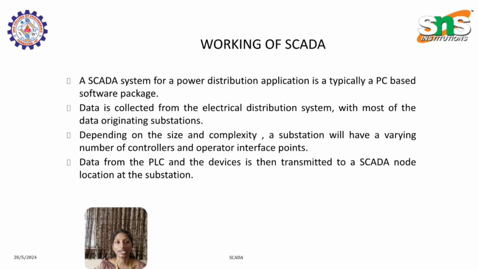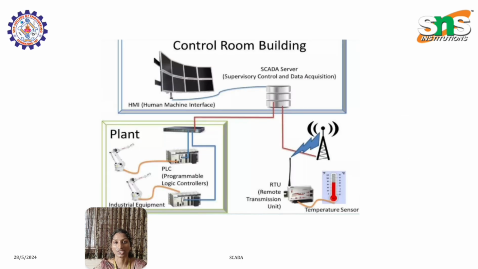The data is collected from the electrical distribution system, and most of the data originates at substations. Depending on the size and complexity, a substation will have a varying number of controllers and operator interface points. The data from the PLC and the devices is then transmitted to a SCADA node at the substation.